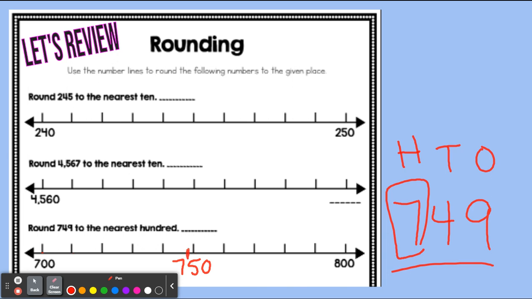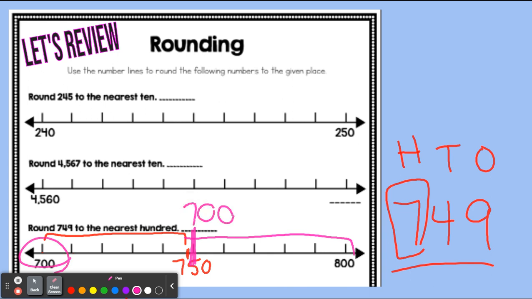Not quite there, but just almost. So the distance from here to here is going to be shorter because this right here is my midway point. So it's going to be more distance over here. So I'm getting the nearest. So this one is going to round to 700 because it's closer than it is to 800.